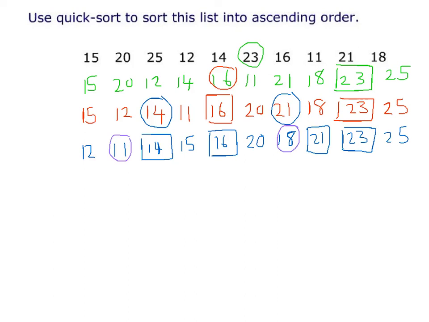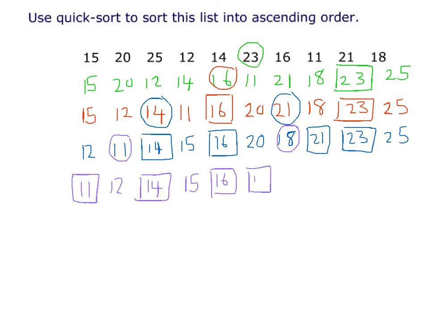So our new list is going to be 11, which is now fixed, 12, 14, 15, 16, 18, 20, 21, 23, and 25.